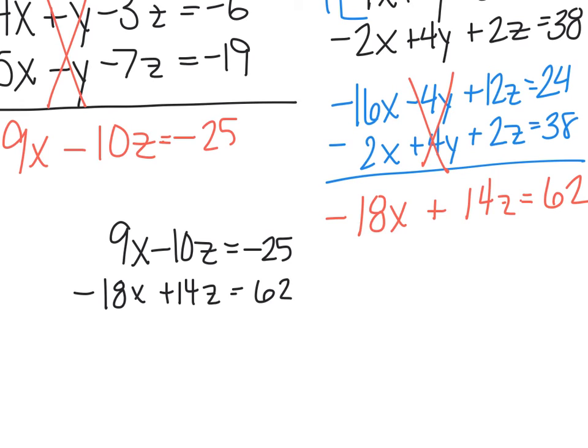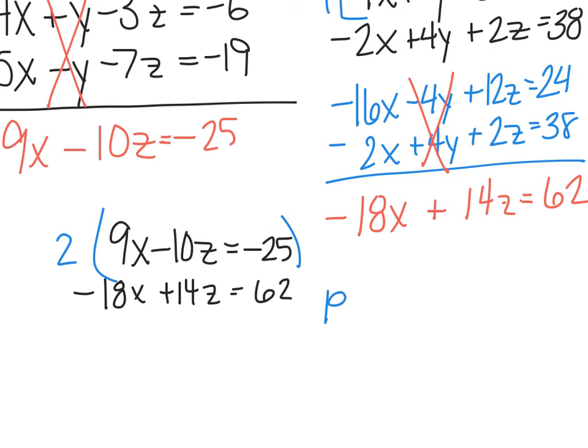Okay, so the numbers could get big. It really doesn't matter. The goal is you need to have the same number. So one quick method is just to multiply by the opposite. You could multiply this top row by -18, or 18, and this row by 9. But I know 9 times 2 would get me 18, so I'm just going to multiply this top row by 2.